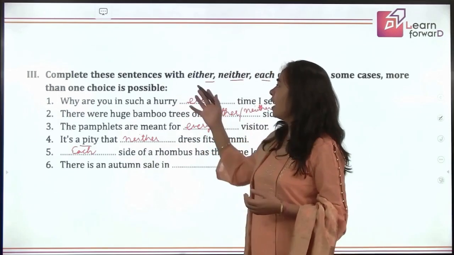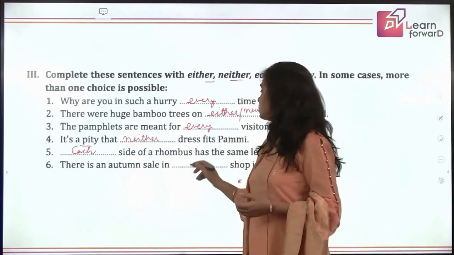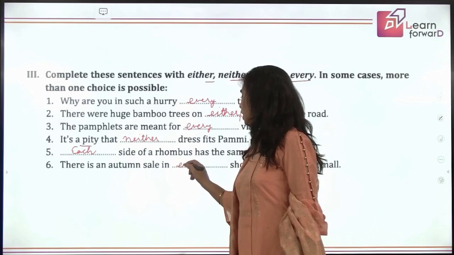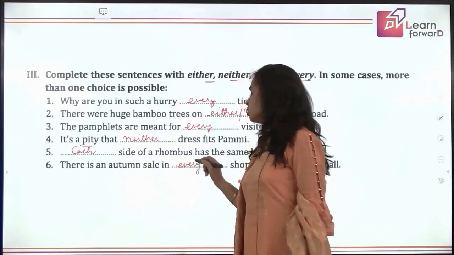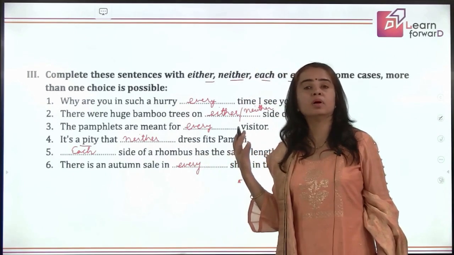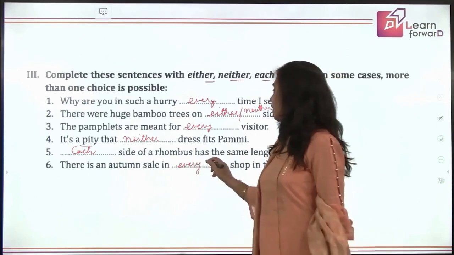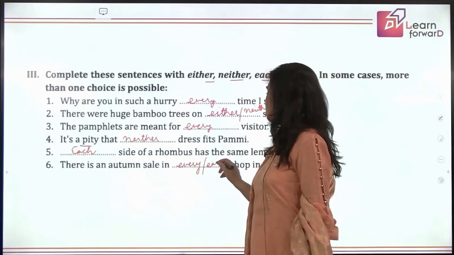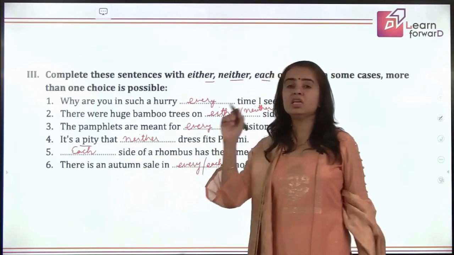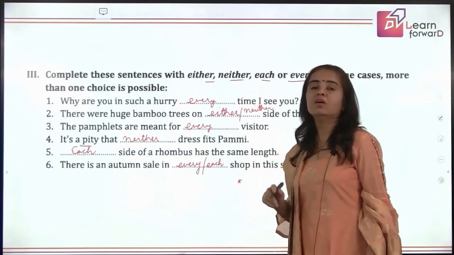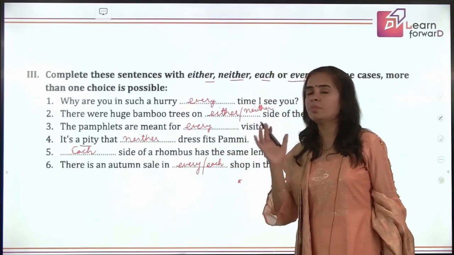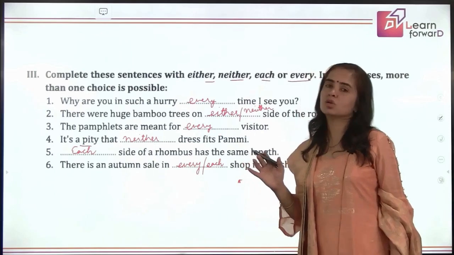So what can be? It can be sale in every is also possible because the number of shops might be very big. Each is also possible because you might be saying about each particularly that without exception each shop is putting the things on sale, right?